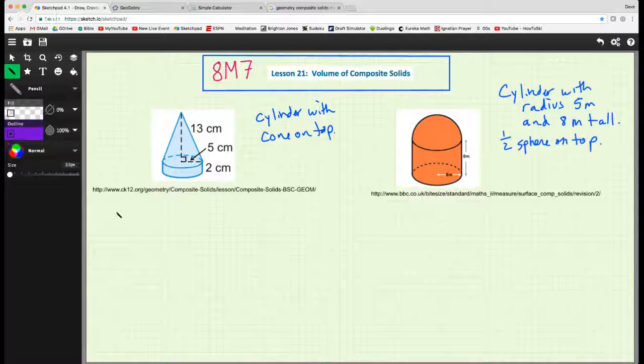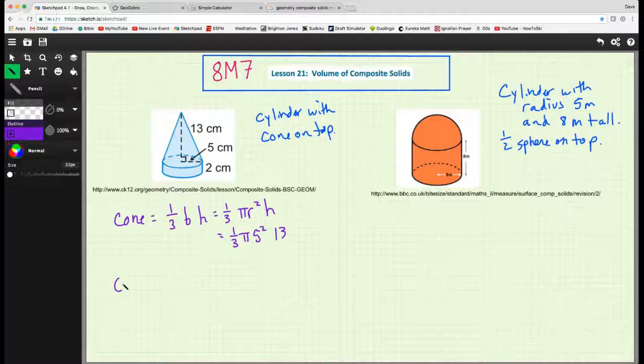So my cone is equal to 1/3 of my base times my height. And my base is this circle, so that's equal to 1/3 pi r squared times my height. So that's equal to 1/3 pi times 5 squared times my height, which is 13.